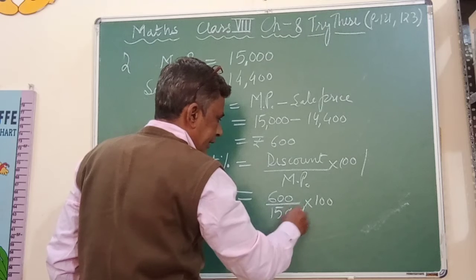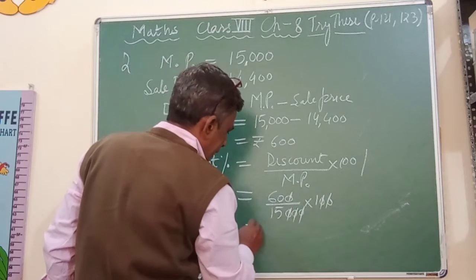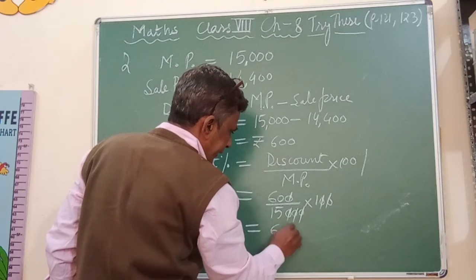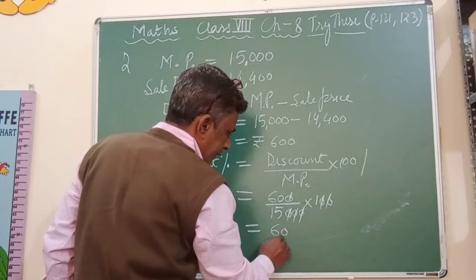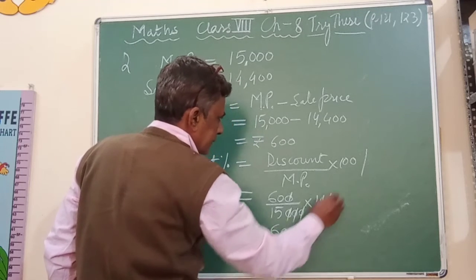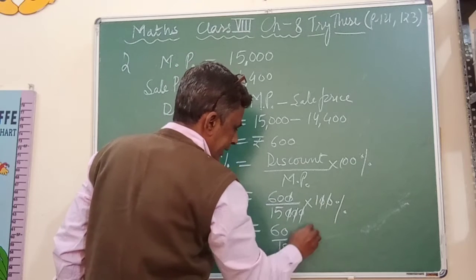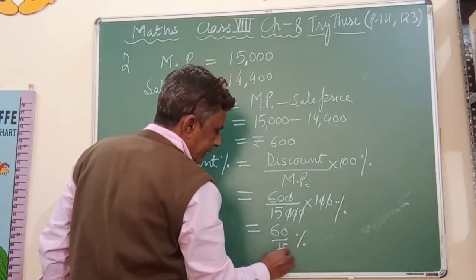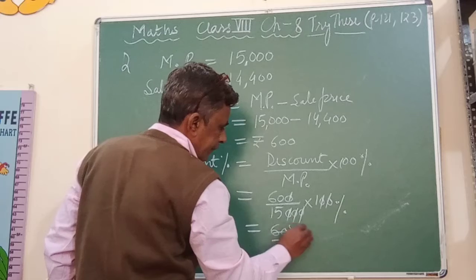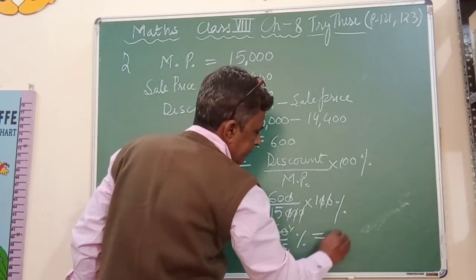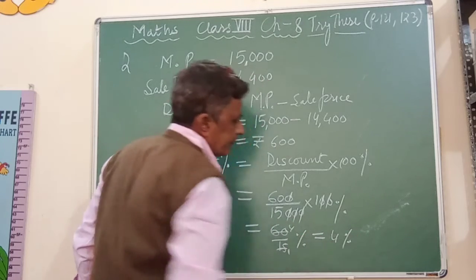After cancelling the zeros, we get 60 upon 15. You have to use the percentage sign. So the answer of this question is 4%.